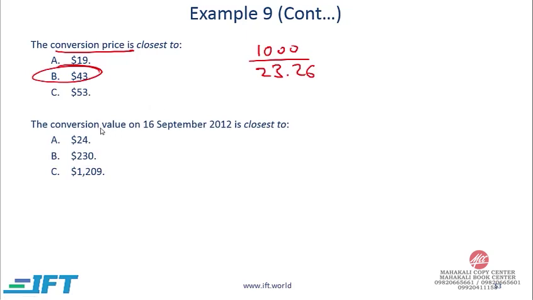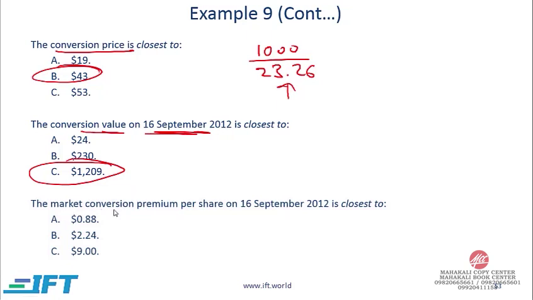Next, try this. What is the conversion value on 16th September? The conversion value is equal to the underlying share price on that date multiplied by the conversion ratio. So this is the conversion ratio, 23.26, multiplied by the share price of 52, which should give us this answer.